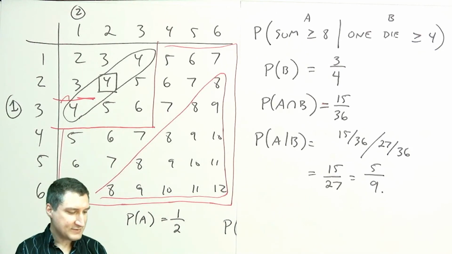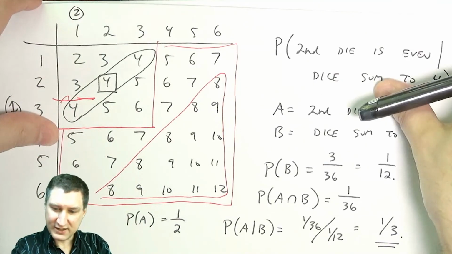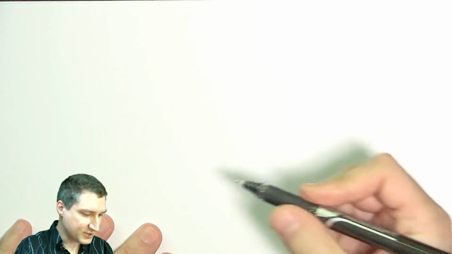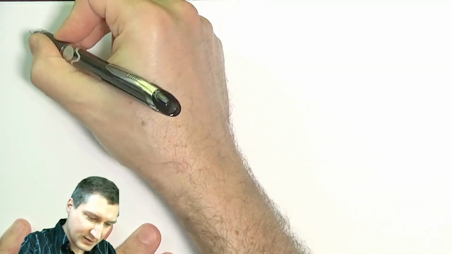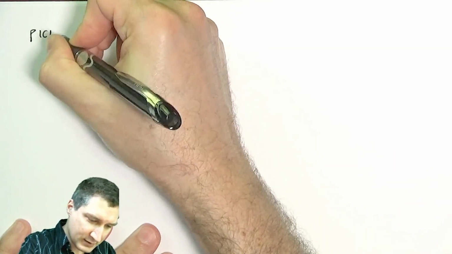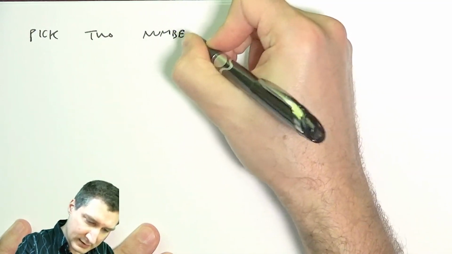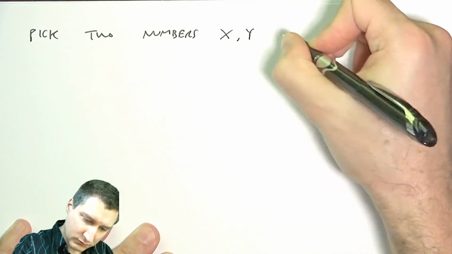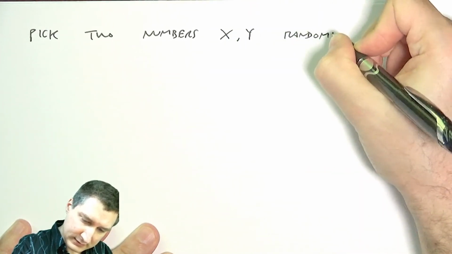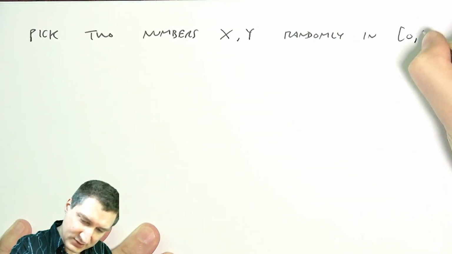Okay? And I could do the same thing in the continuous world. So let's suppose, carrying on the example from the last mini lecture, for a continuous sample space, the setup is I pick two numbers, x and y, randomly in [0, 1].